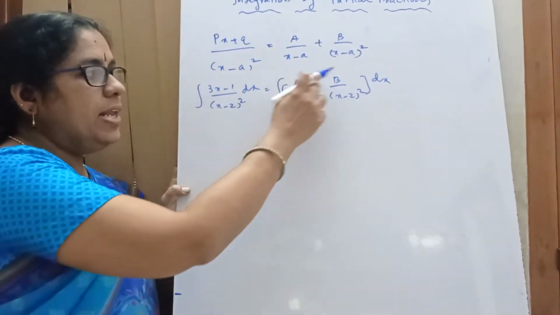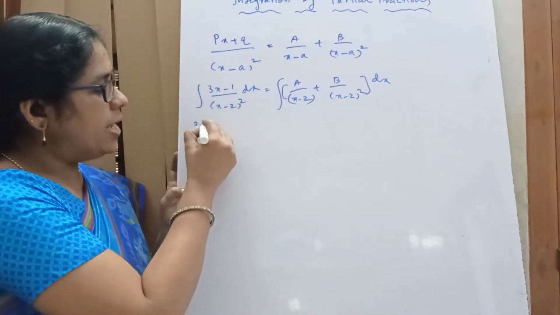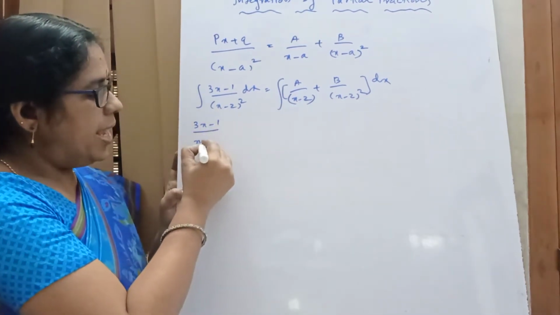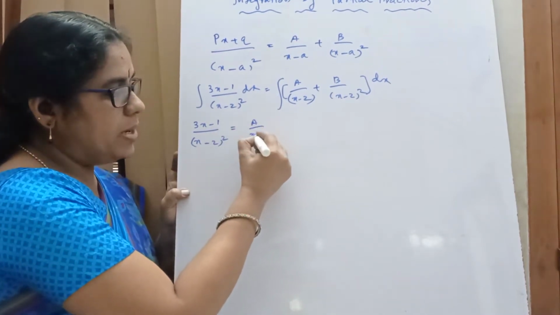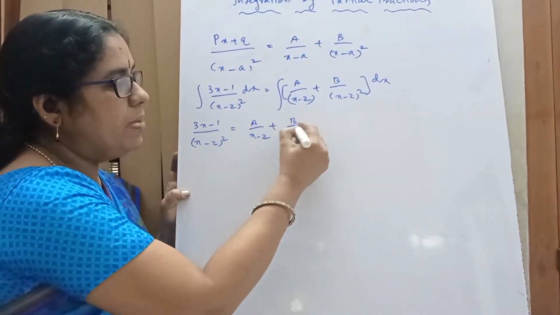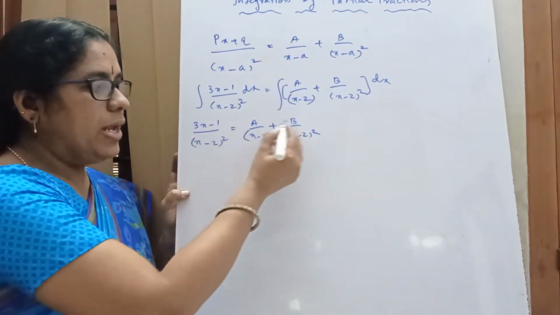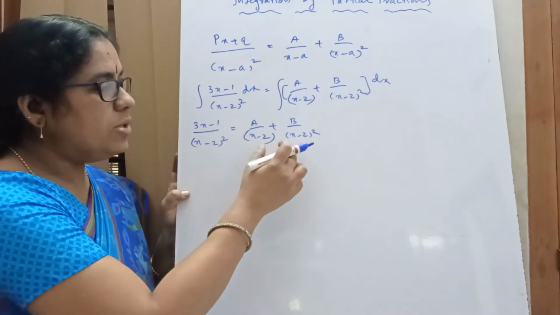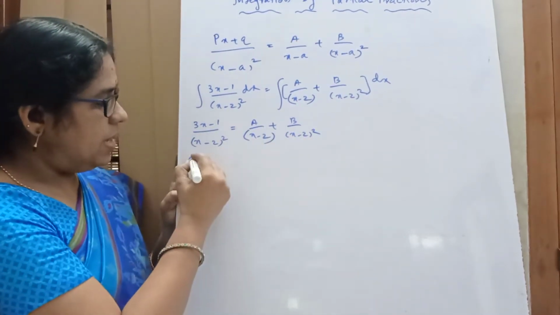For finding A and B, we take the function alone: (3x - 1) divided by (x - 2) the whole square is equal to A by (x - 2) plus B by (x - 2) the whole square. We have to take the LCM on the right side; on the left side there is no change.